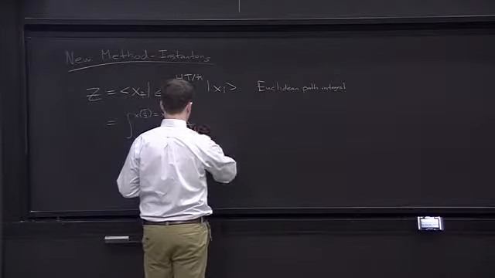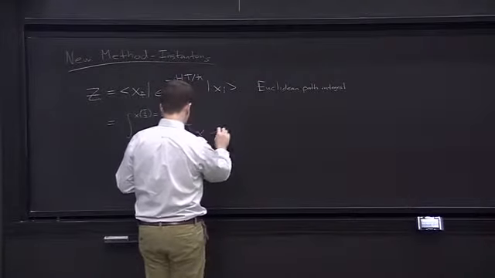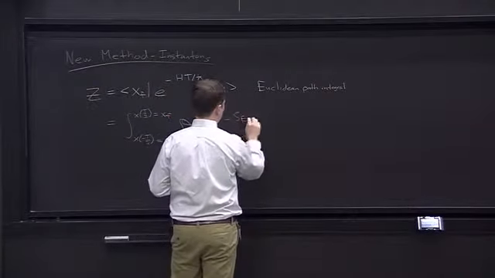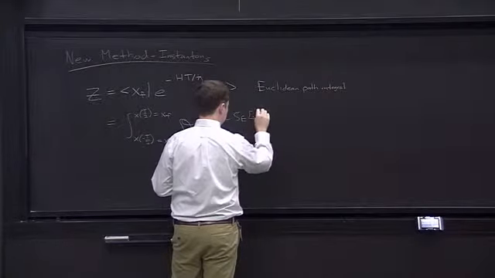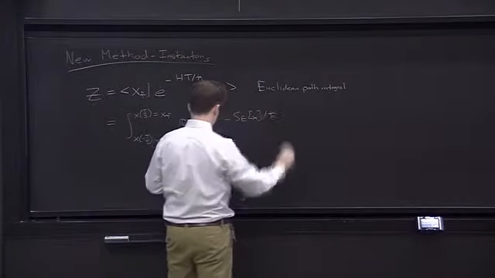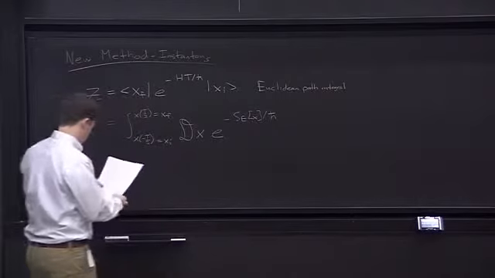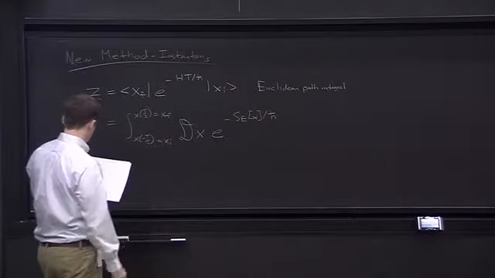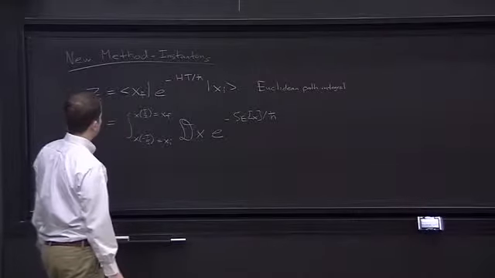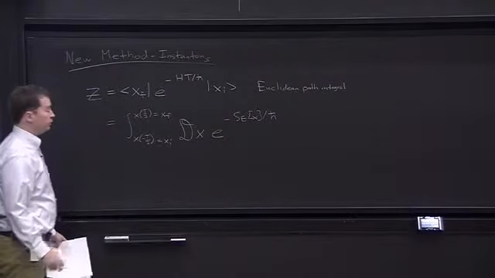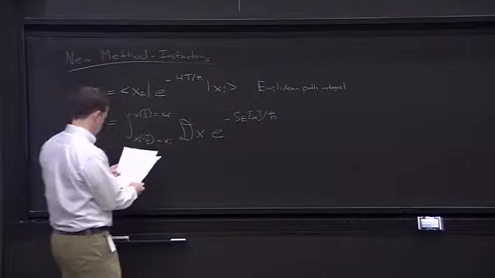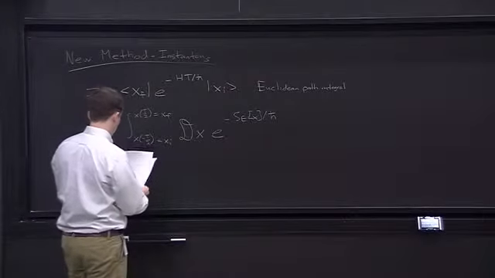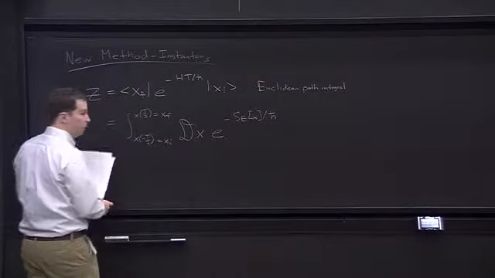Then we integrate over all x of the Euclidean action over h bar. One thing we can read off from this amplitude is the ground state energy. To see that, we can insert a complete set of states.